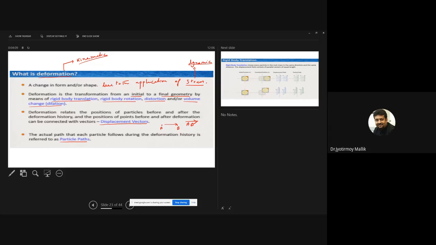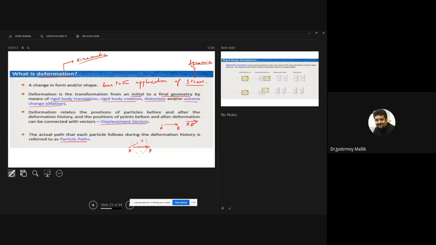Now, the actual path each particle follows during the deformation history is referred to as the particle path. So, what do I mean by that? With the initial example, A and B, this is my displacement vector. Now, A can come to B by any path. For example, it can go like this and go like that and then reach here, or it can go like this and then reach here.